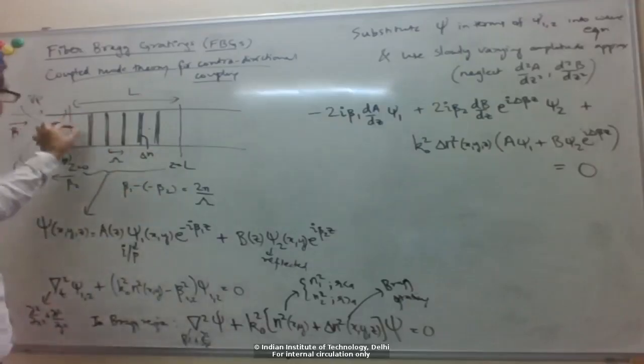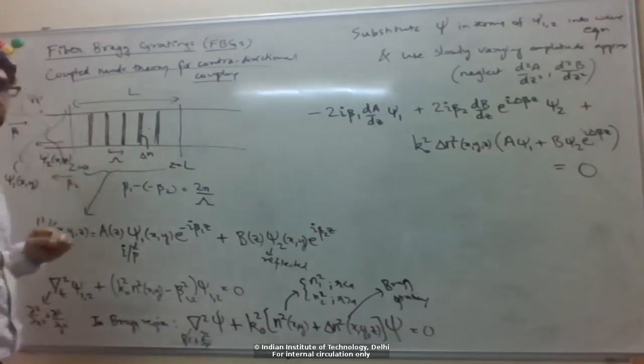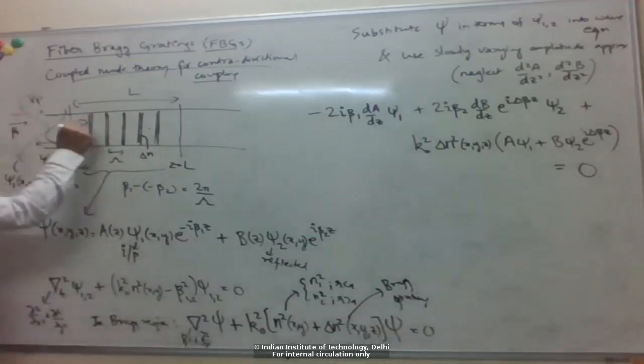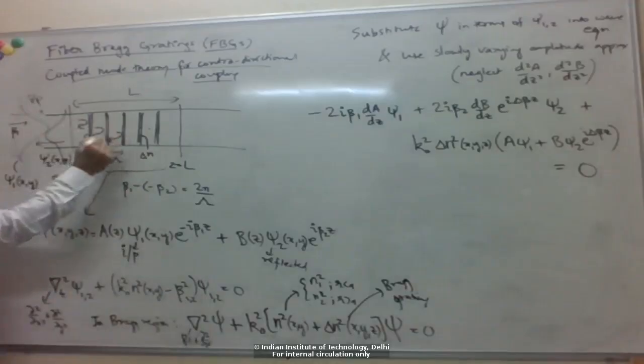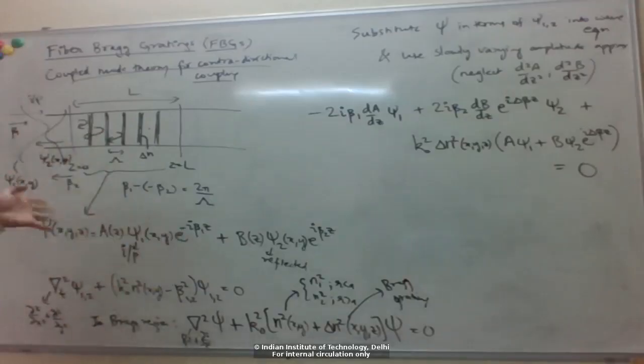If the grating contrast is stronger, you can imagine that the reflection from each section will be stronger, right? So again, like when a wave goes from a region of index n1 to n2, the reflection coefficient sort of depends on the index difference. So the larger the index difference, the stronger the reflection, right?